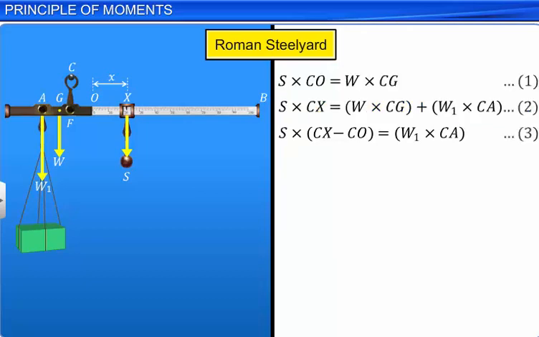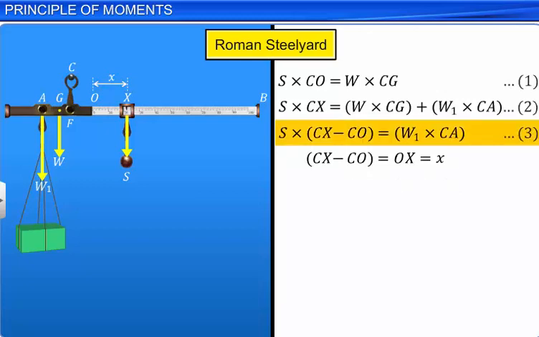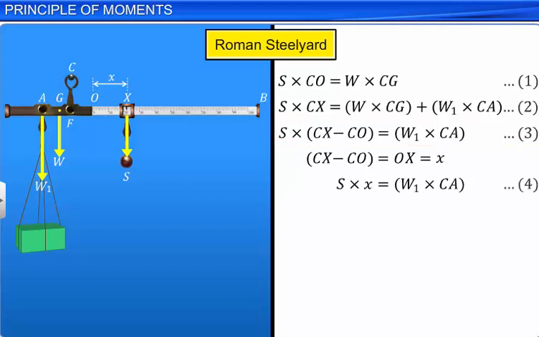Here, CX minus CO is equal to OX, which is equal to the distance x of the rider from the zero reading of the beam. So equation 3 becomes S into x is equal to W1 into CA. Let this be equation 4. Therefore, we have W1 is equal to S into x by CA.